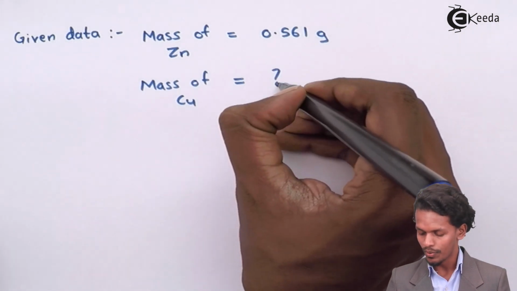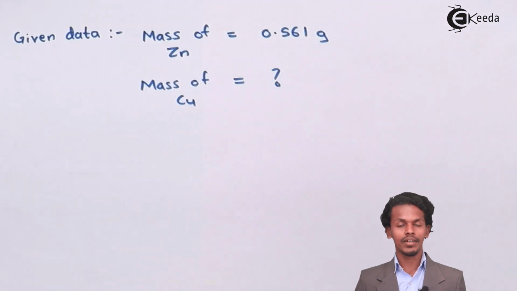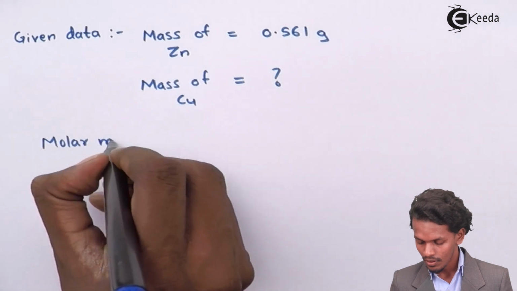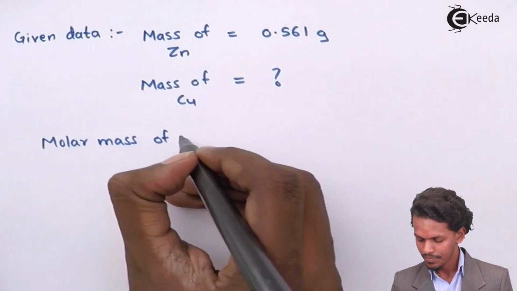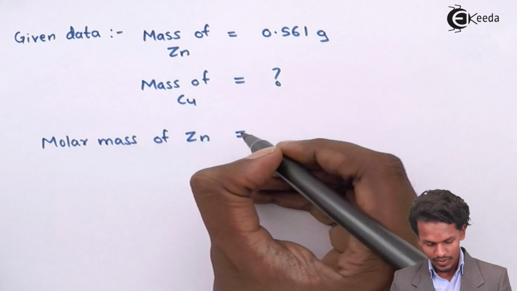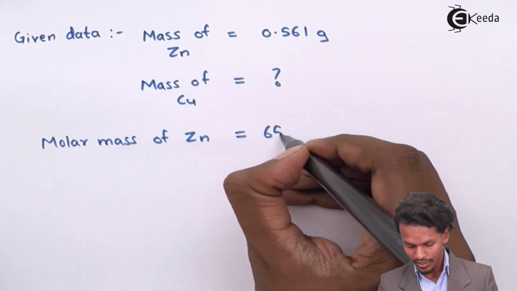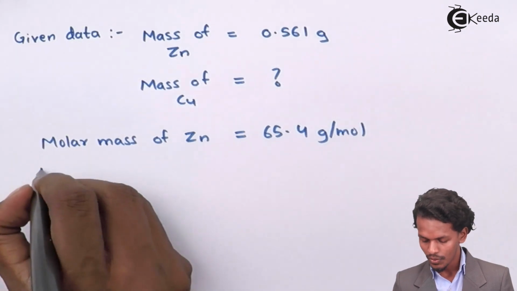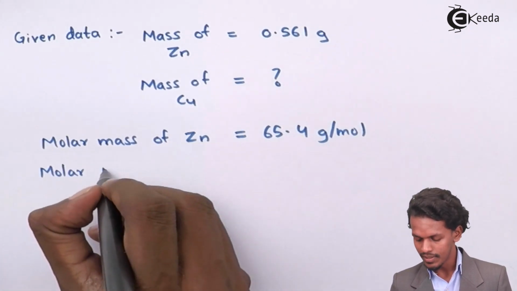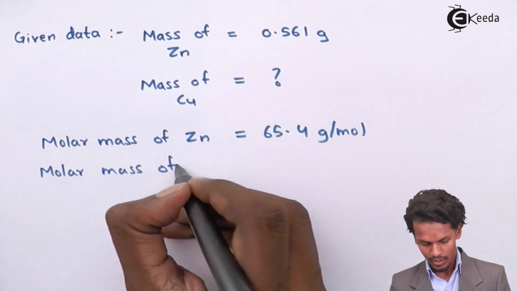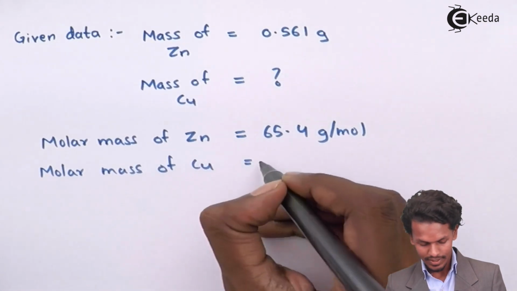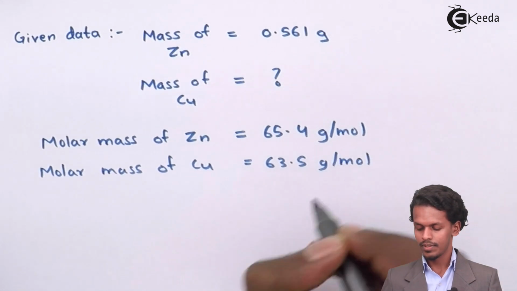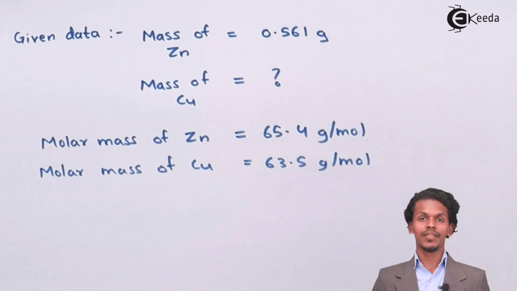So this is what we have to calculate. And the next thing that they have provided to us is the molar mass of zinc, which is given as 65.4 gram per mole, while the molar mass of copper is given as 63.5 gram per mole. So these are the data that are given in the question.